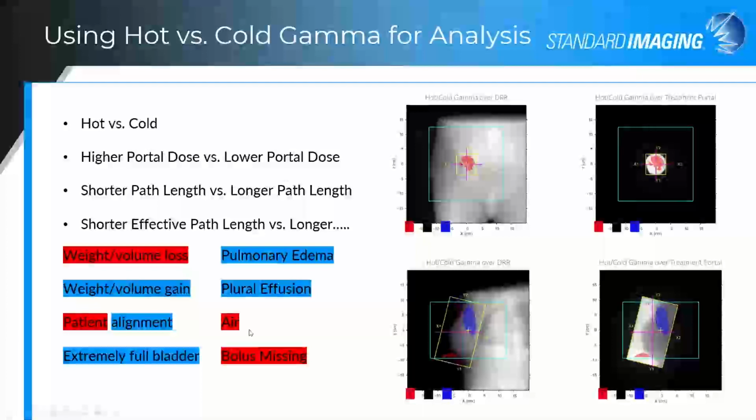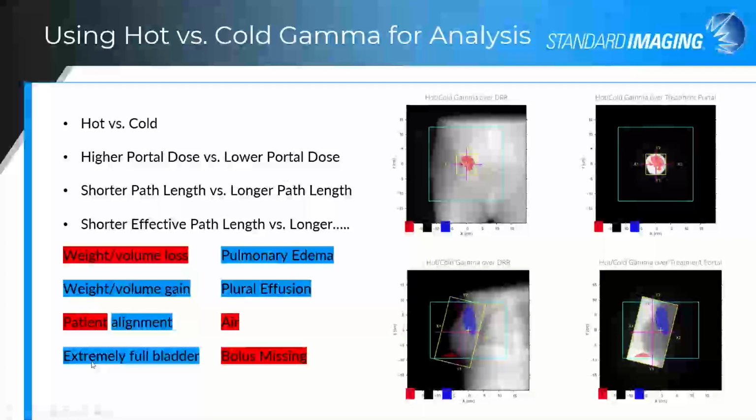And then if you had fluid at the time of simulation, and then it resolves, and you've now got more air in the path of the beam, it's going to be hot. Or if you have bolus that is supposed to be present on a beam and it is missing, you're going to get basically a hot result. And potentially, if you have a beam that is supposed to be no bolus, and then you use bolus on a day that is supposed to be no bolus, you will potentially get the opposite result.